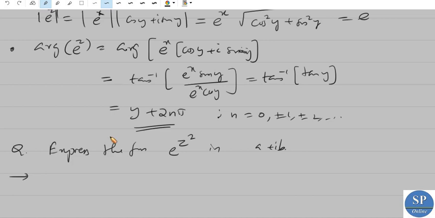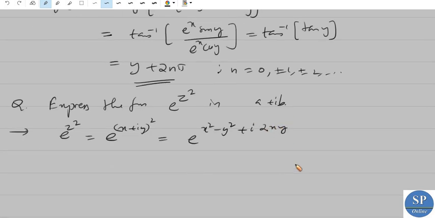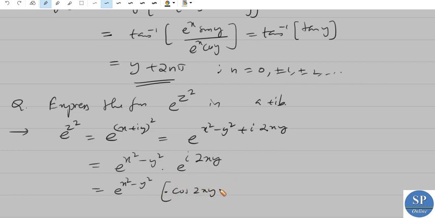Okay, directly we can write e power z square is nothing but e power x plus iy whole square, which is equal to e power x square minus y square plus I into 2xy. So we can write this as e power x square minus y square into e power I into 2xy. So this is e power x square minus y square into e power I 2xy, which can be written as cos 2xy plus I into sin 2xy. So this will be the exponential of e power z square.